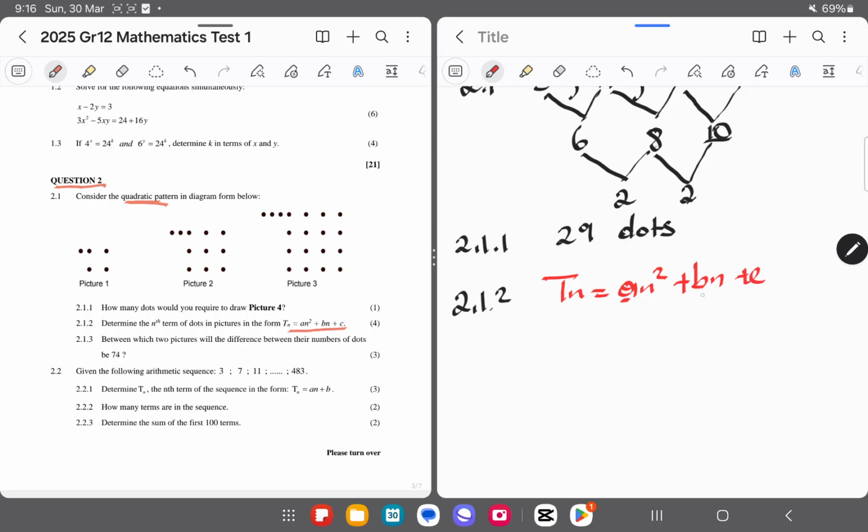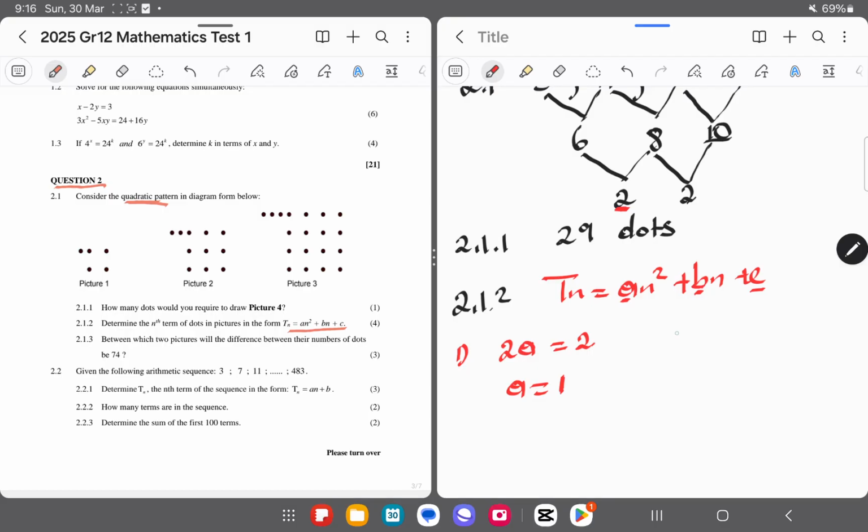So we need the value of A, B, and C. Now to find the value of A, which is step 1, we will say 2A is equal to the second difference. The second difference was given as 2.